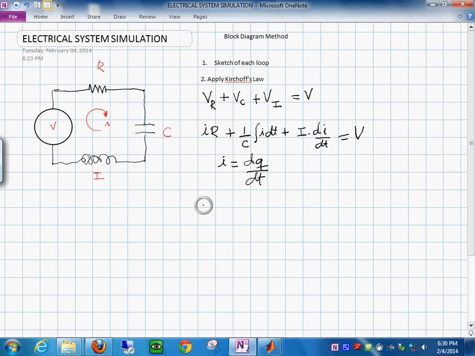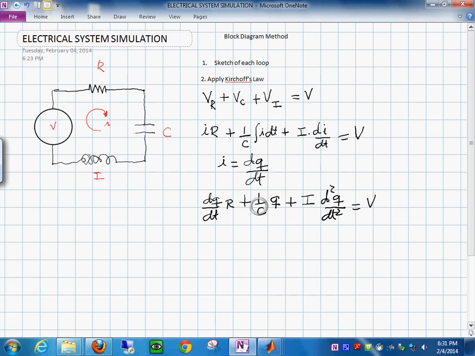If I is equal to dq dt, it follows that you could write the equation dq dt times R plus 1 over C, the integral of dq dt is going to be q, and then plus L times I. If I is dq dt, this becomes d squared q dt squared equals V. Yeah? And now we do have a second order differential equation, in this case in terms of q.